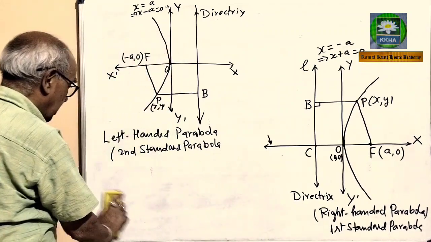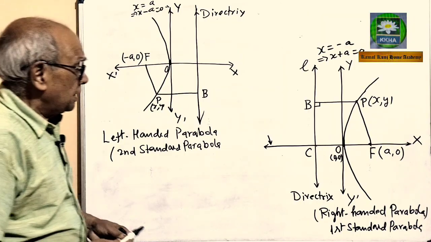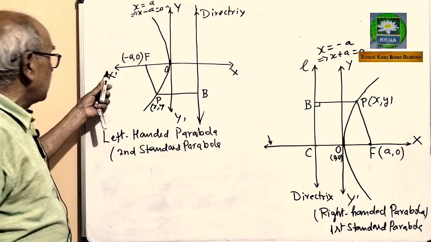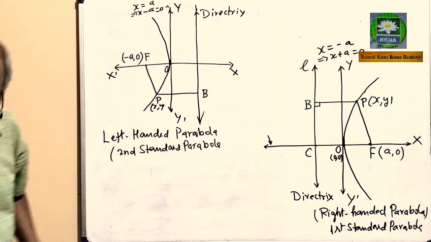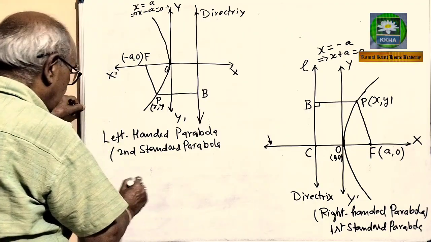Third type of parabola is upward parabola. In both cases, right-handed as well as left-handed, x-axis is the axis of the parabola.